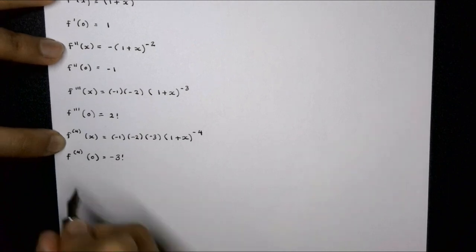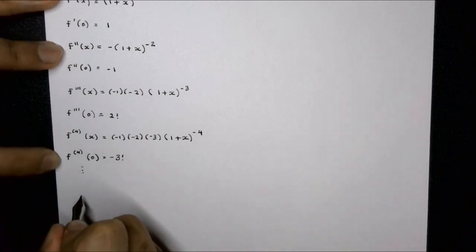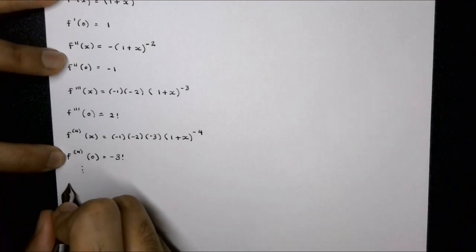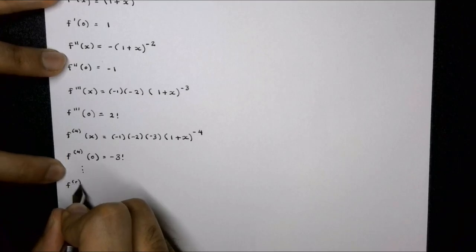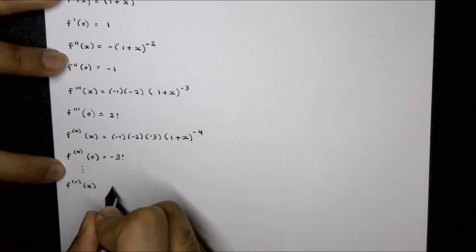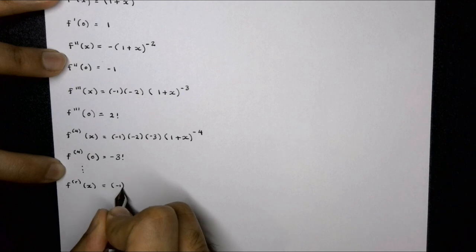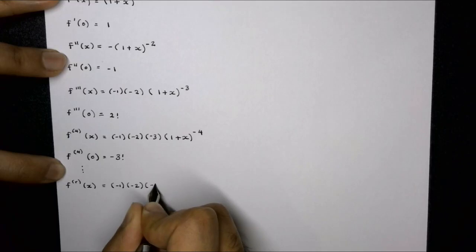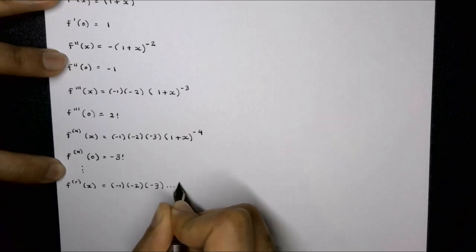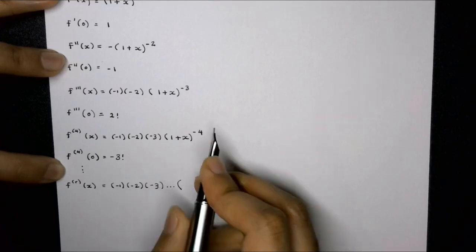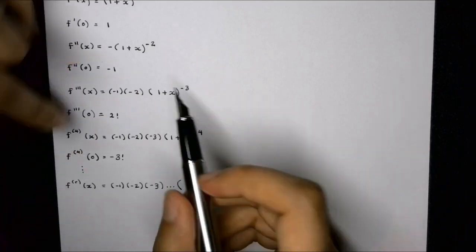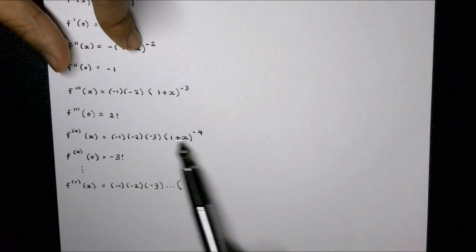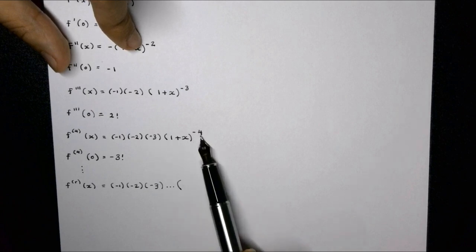And then hopefully here you can see, if we continue up until the rth derivative of f, well, here we'll get minus 1 times by minus 2 times by minus 3, and then we times this by, well, as you can see over here, if we think about a pattern which is emerging, you can see for the fourth derivative we had minus 3, which is 1 more than the minus 4.